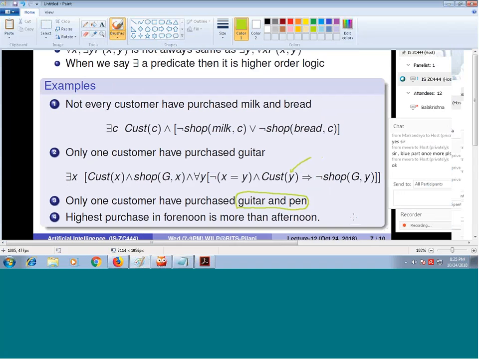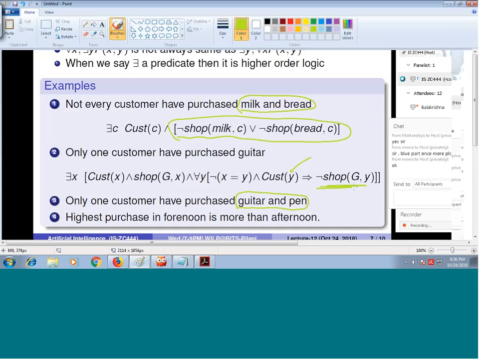I think you can go and see this particular part. I think this can help you to write this. So this comes into the picture, the not-shopped-for condition.